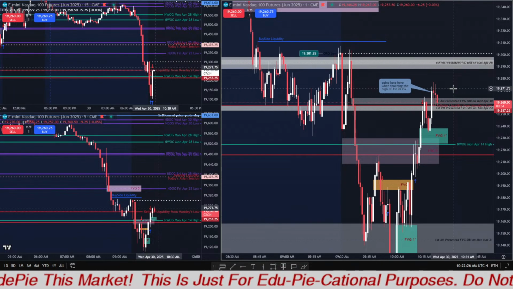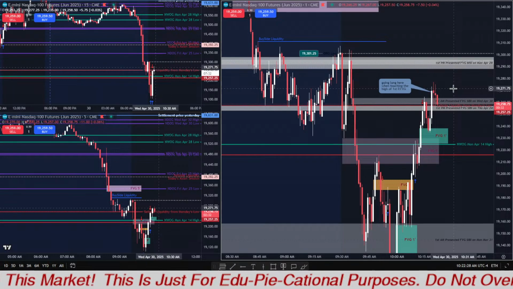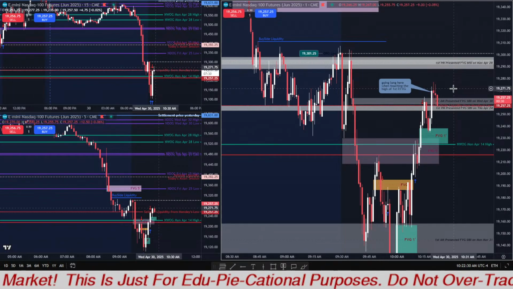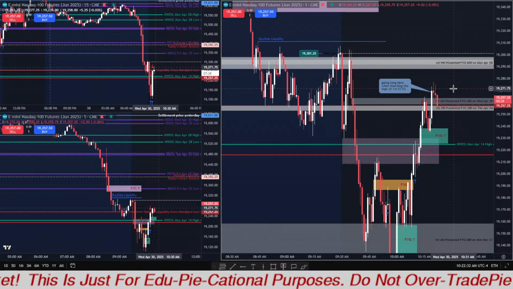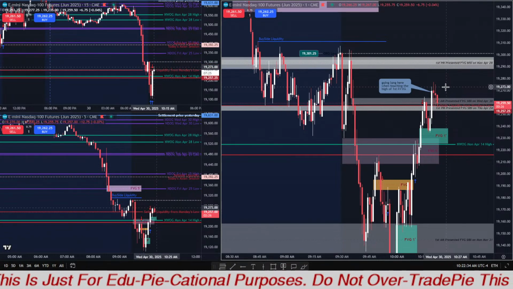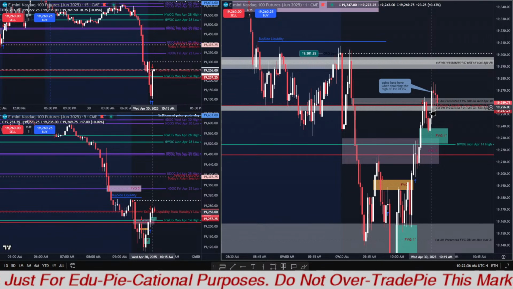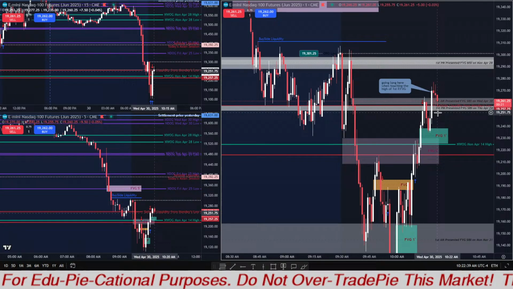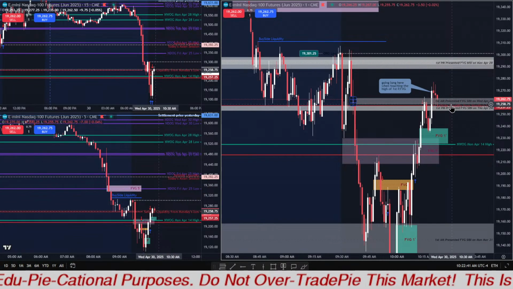Okay, now we get back to the first presented fair value gap of today. There is a small portion of BC formed around here below the sell side liquidity of Monday.